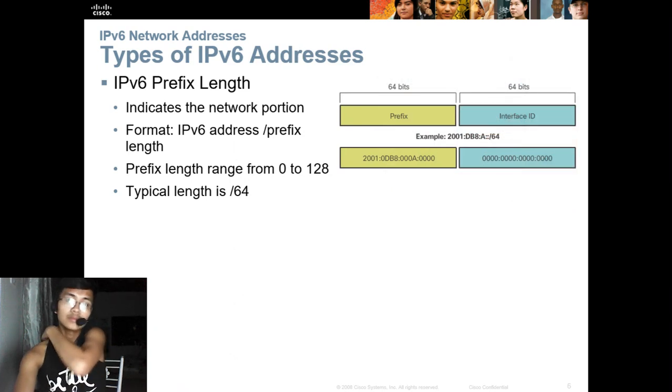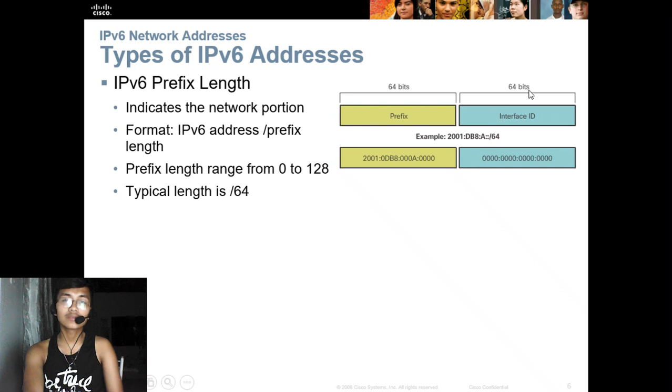Types of IPv6 addresses. The format indicates the network portion: IPv6 address and prefix length. Prefix length ranges from 0 to 128. The typical length is /64. So there's a format for the IPv6 address. It has the main address, for example 2001:db8a, with /64.